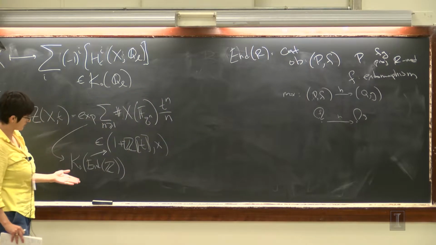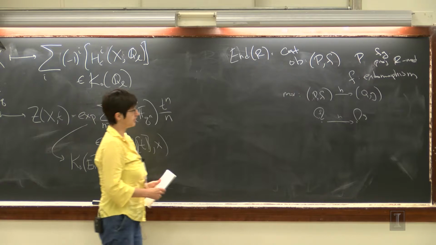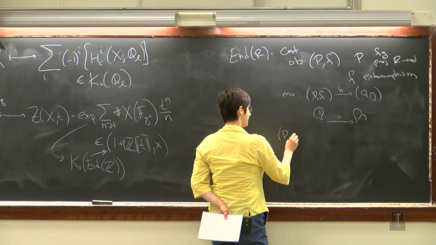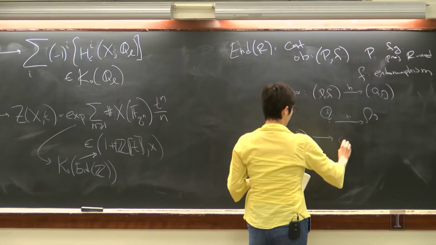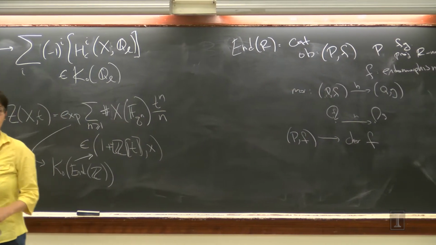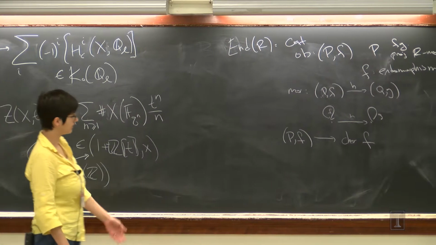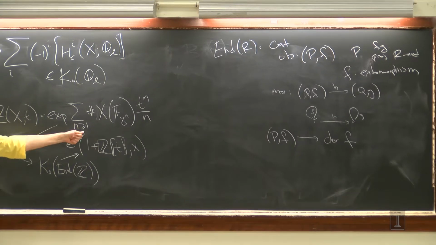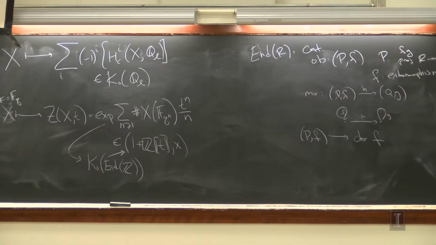And then to get a power series out of an endomorphism, we're just going to map (P, F) to the characteristic polynomial of F. And so that might be positive, it might be negative, it might be inverted because we're under multiplication, but it'll actually end up in there.